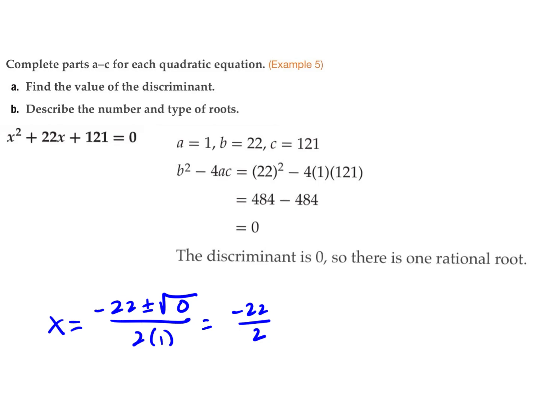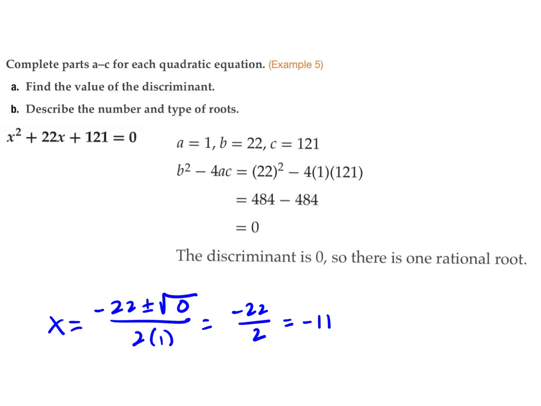Well, what's negative 22 divided by 2? Negative 11. That is my solution. This one turned out to be exact. And what's important is whenever the discriminant is 0, you will get an exact rational root. And I did. I got one rational root.